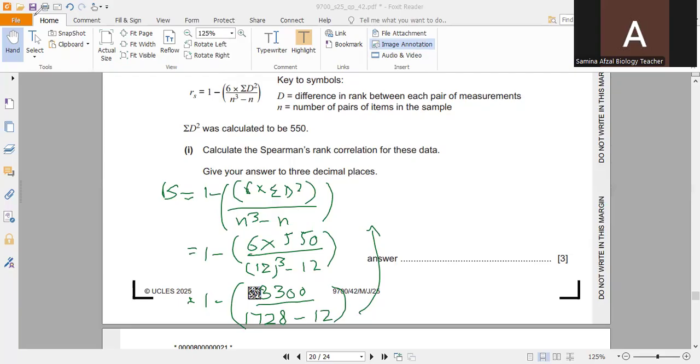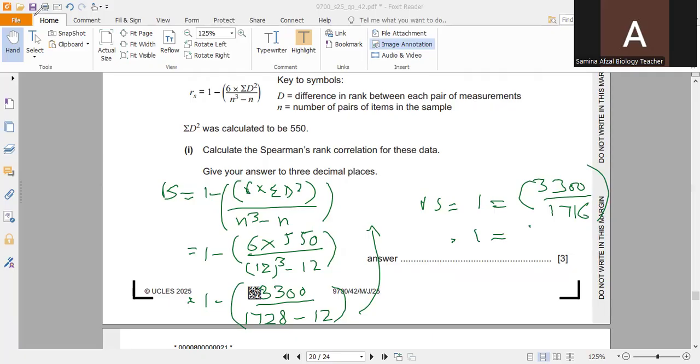So rs is equal to 1 minus 3300 divided by 1716. I have calculated this value with the help of a calculator.